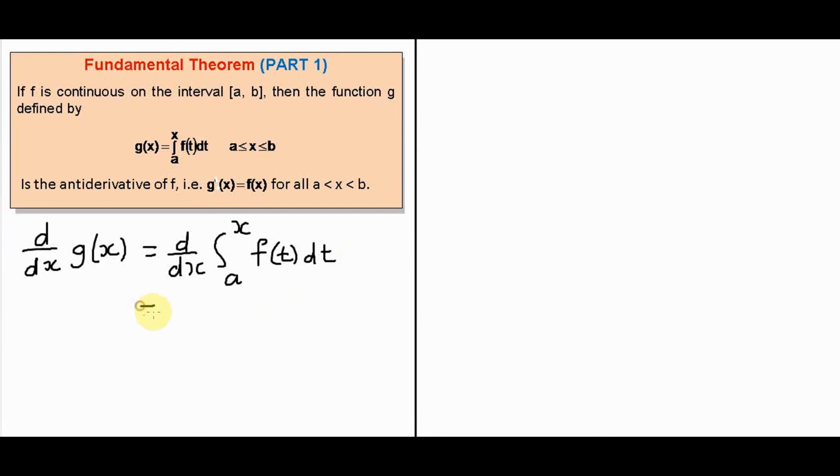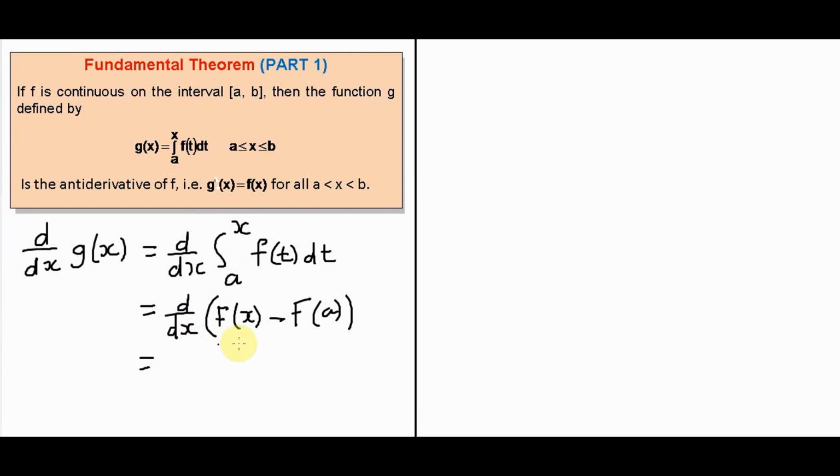will equal the derivative with respect to x, and then using the evaluation theorem, the derivative with respect to x of capital F of x minus capital F of a, where capital F is the antiderivative of small f.